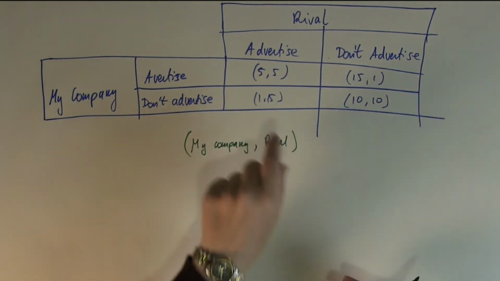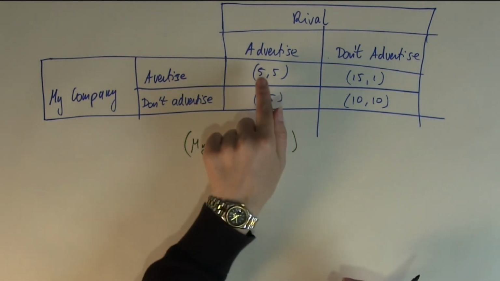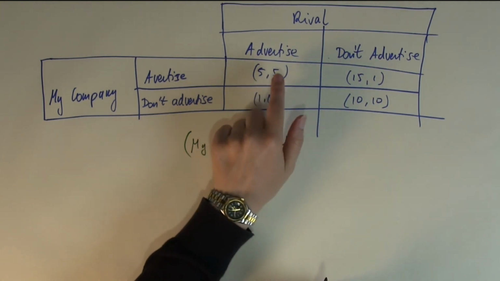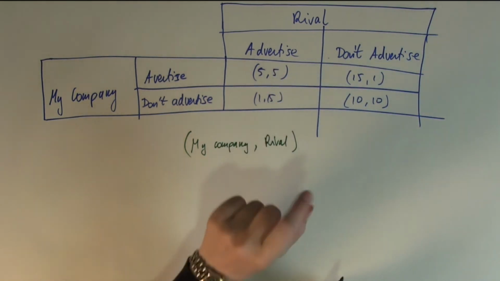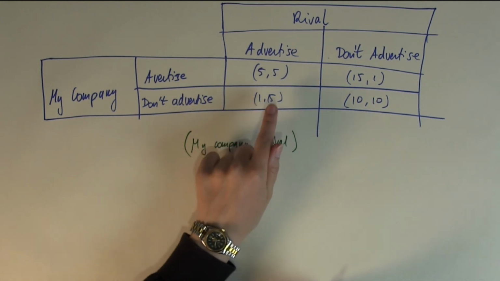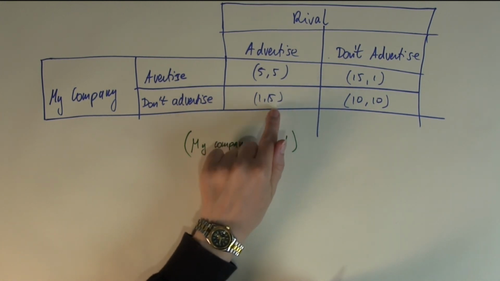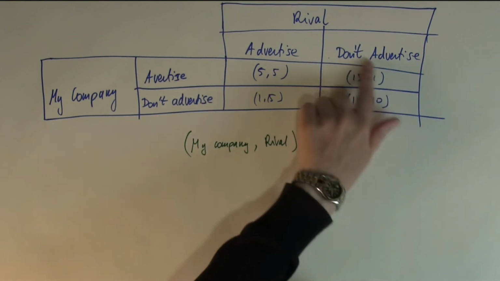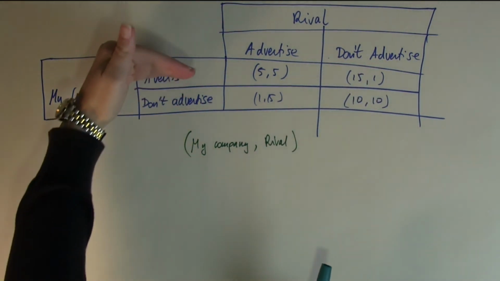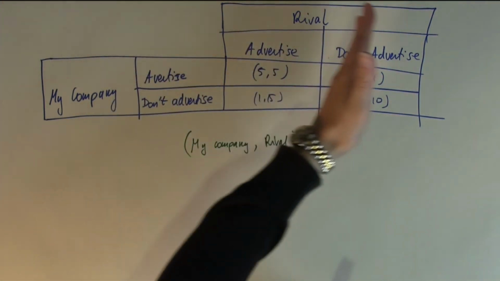So it means that in this particular scenario, I earn 5 million, let's say, and my rival also earns 5 million. But in this scenario, I earn 1 million while my rival earns 15 million. Similarly, the other two. Now, this is where the different rows and different columns come in.